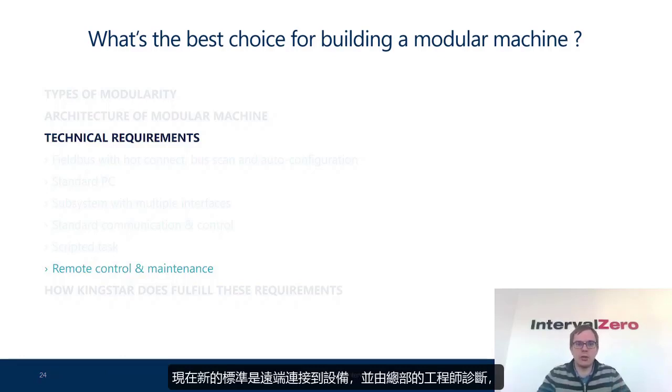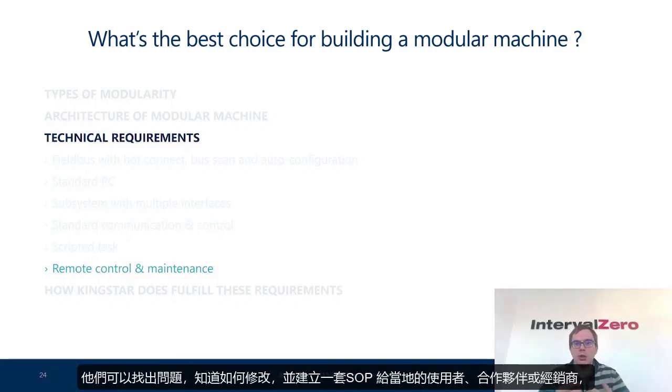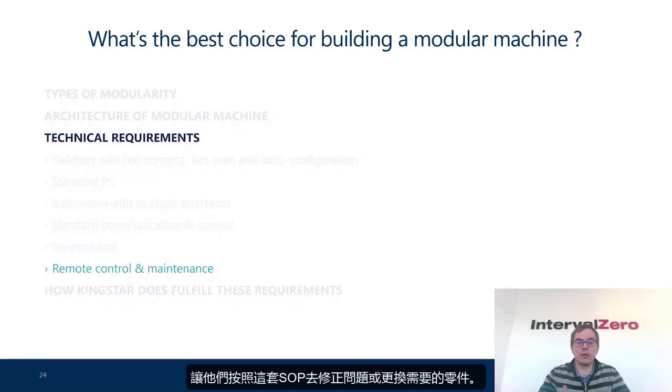The new standard now is to connect remotely to this machine, do a diagnostic from an engineer who is in your head office. They can find the problem, know how to modify it, and build an SOP that is sent to a local operator, partner, or distributor who will follow the SOP to fix the problem or replace the piece that needs to be replaced.